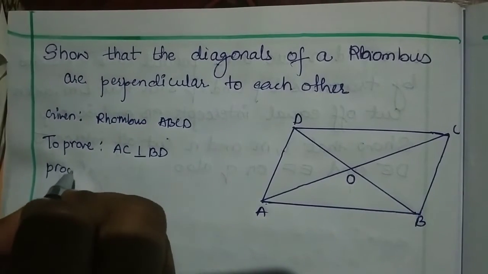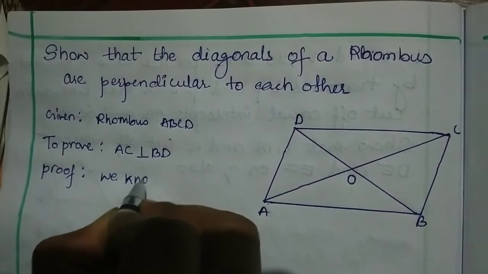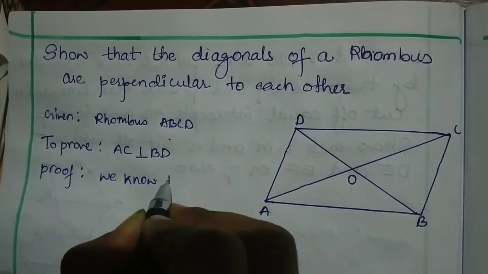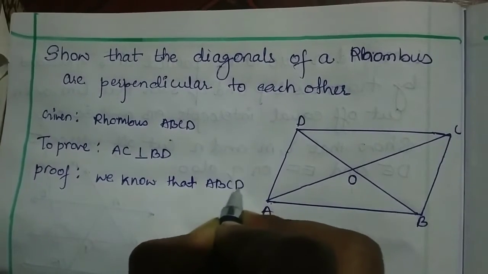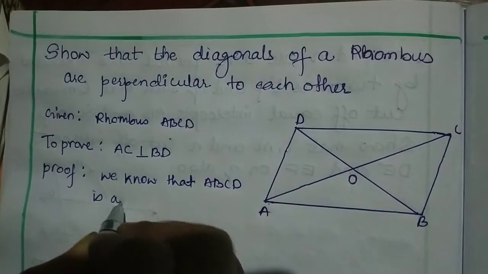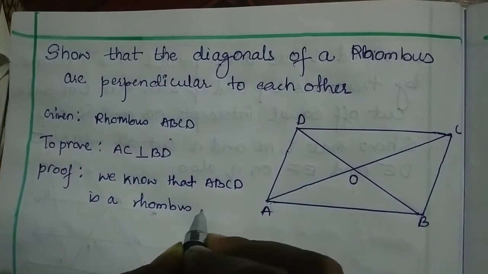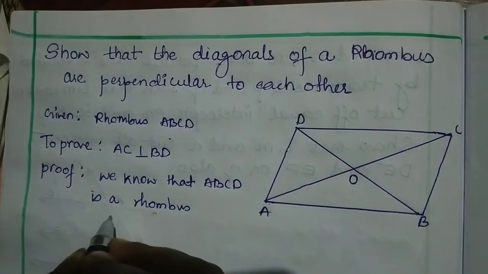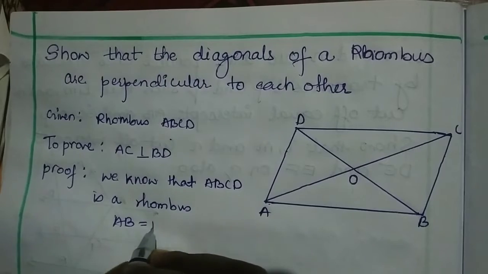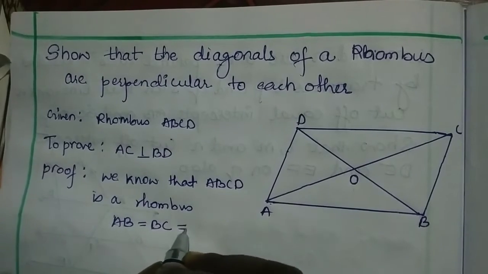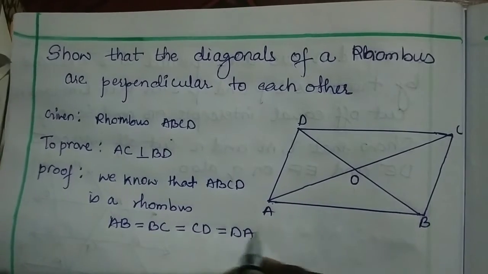Proof: We know that ABCD is a rhombus, and so we get AB equals BC, BC equals CD, and CD equals DA.